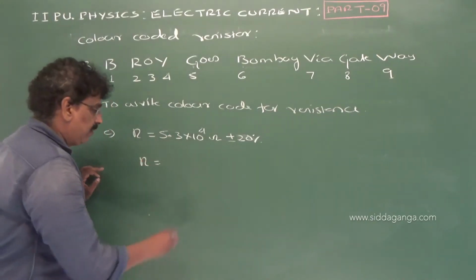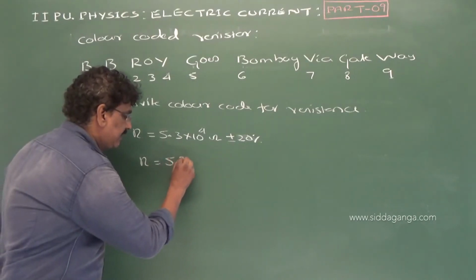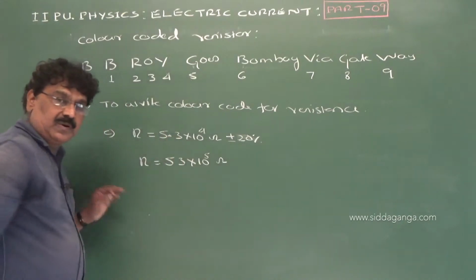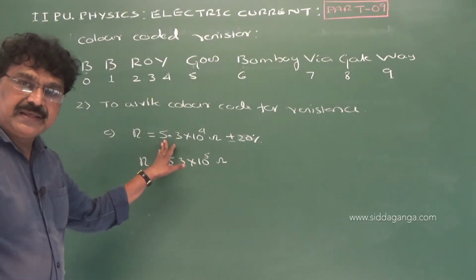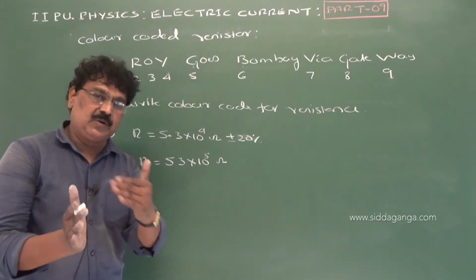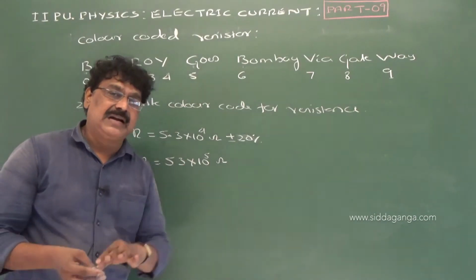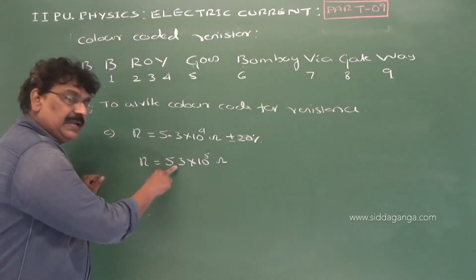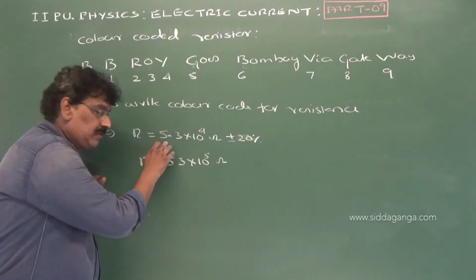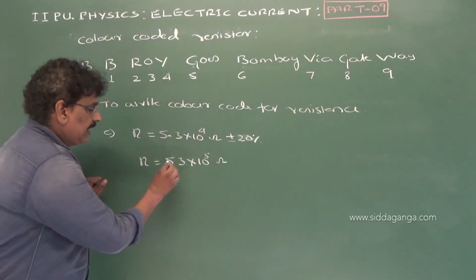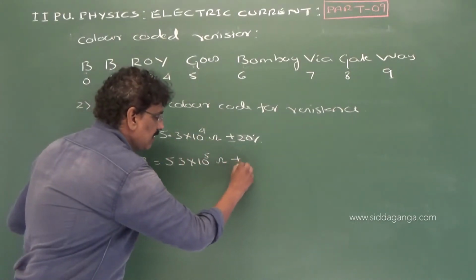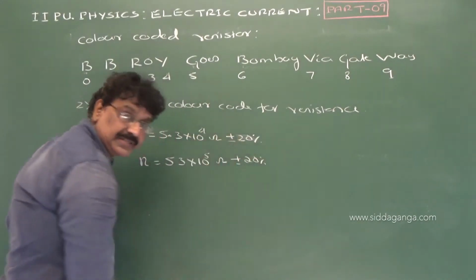Remove that decimal point. That becomes 53 into 10 raised to the power of 5 ohm. Don't take it directly. The resistance value is always written in the form of the 2 digits followed by the multiplication factor, so there should be no decimal point. If there is a decimal point between the first 2 digits, you remove it, right? Now this is 53 into 10 raised to the power of 5 ohm plus or minus 20%.